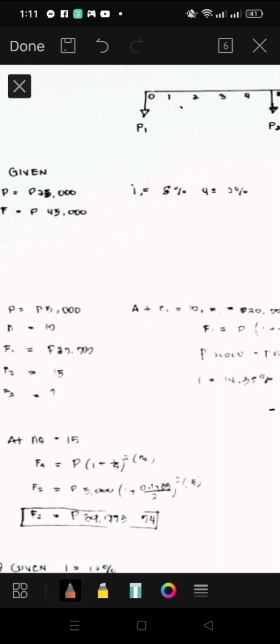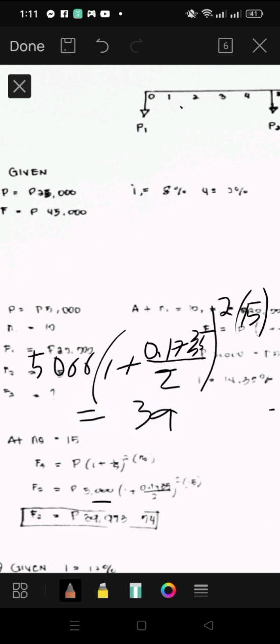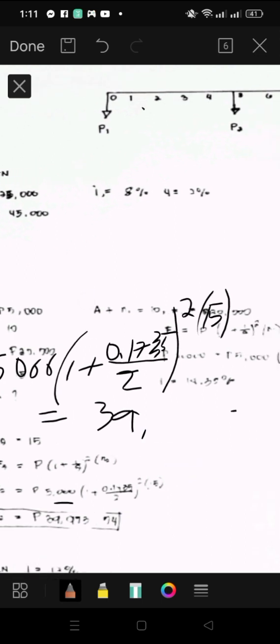So n is equal to 15, then F2 is equal to P times the quantity of 1 plus i over 2 raised to the power of 2 times n2. So there is 5,000 times the quantity of 1 plus 0.1435 over 2 to the power of 2 times 15.